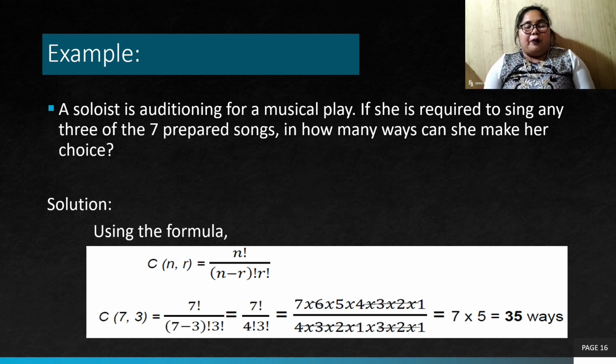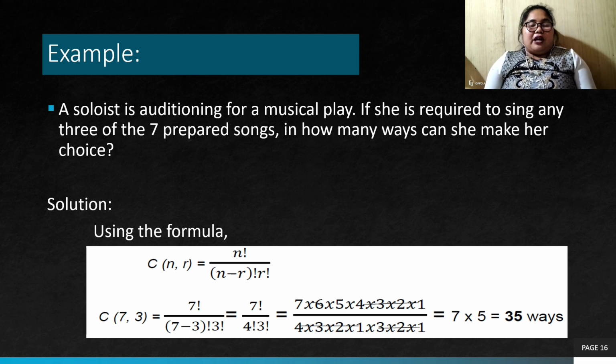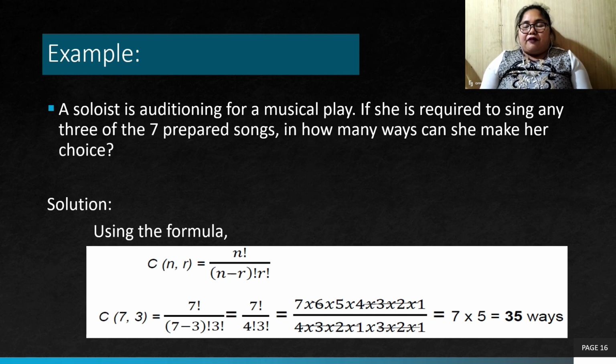Again, the formula of combination is C(n, r) is equal to n factorial over (n minus r) factorial times r factorial. So C(7, 3) is equal to 7 factorial over (7 minus 3) factorial times 3 factorial, equals 7 factorial over the difference between 7 and 3. So 7 minus 3 is 4, therefore 4 factorial times 3 factorial.